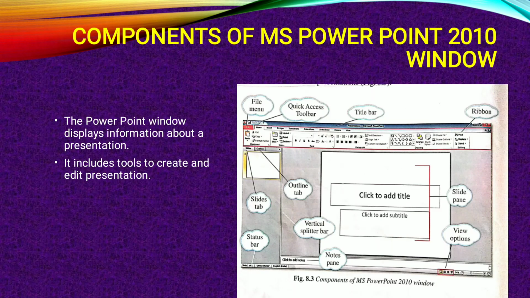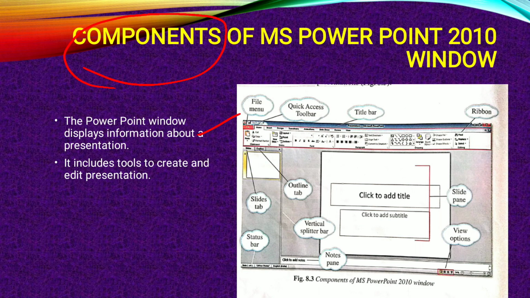After that you will see this kind of window on your screen. This window is divided into small parts. The small parts are known as components. So what is a component? The small parts of the window are components of the window. Which components are given here?